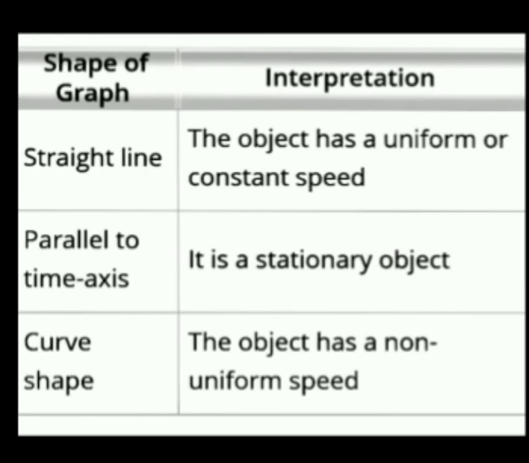Now about the shape of the graph: a straight line represents that the object has a uniform or constant speed. A graph parallel to the time axis, as we have seen, represents a stationary object. And a curved graph shows that the object has a non-uniform speed or non-uniform motion.